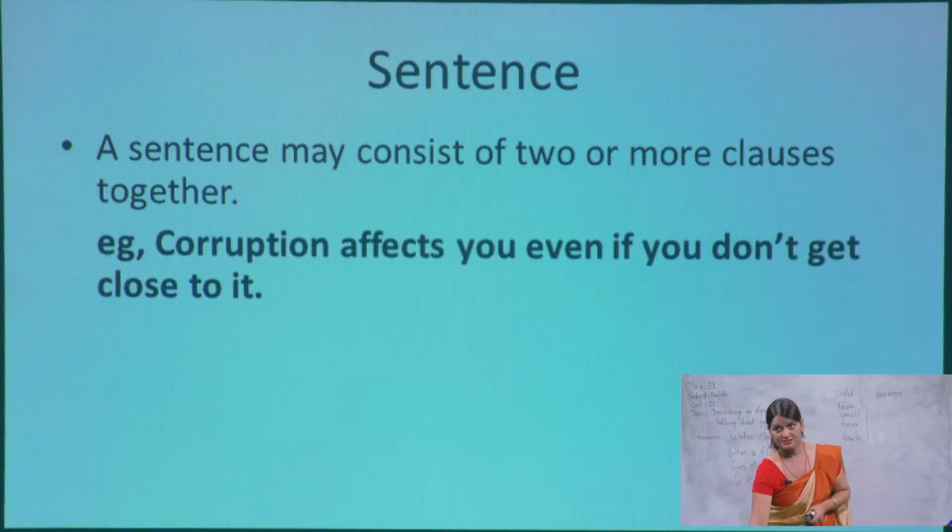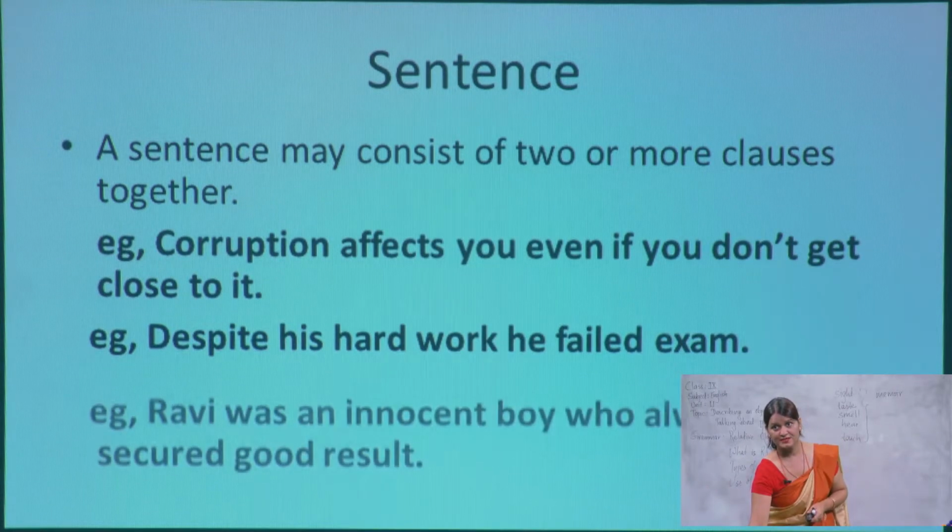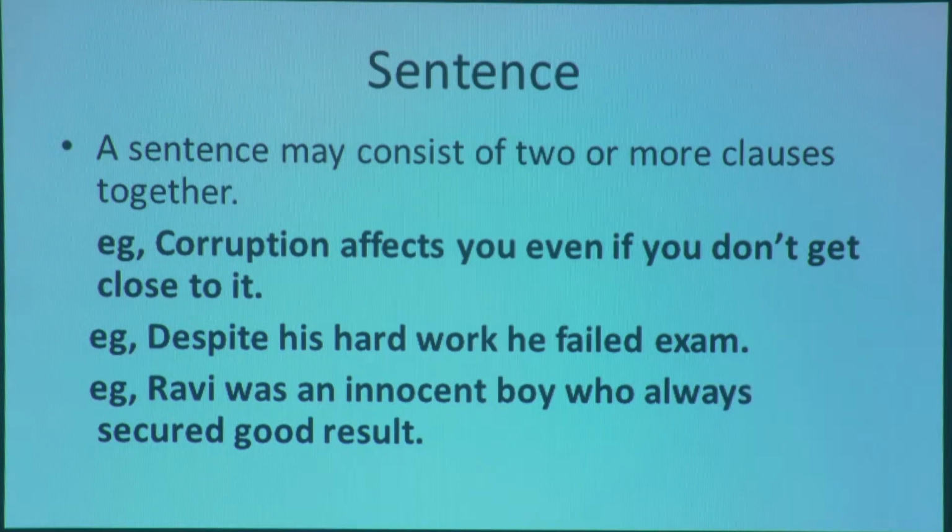Just have a look here at some examples. Corruption affects you even if you don't get close to it. Okay, corruption affects you, this is one clause. Even if you don't get close to it, this is another clause. Despite his hard work, this is one clause.